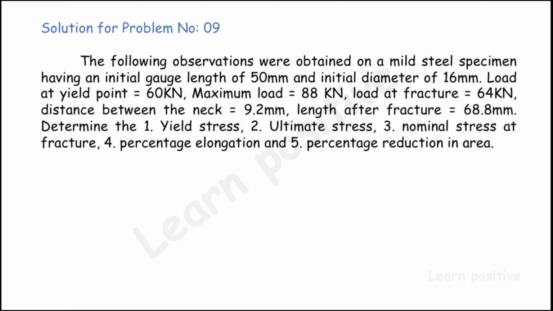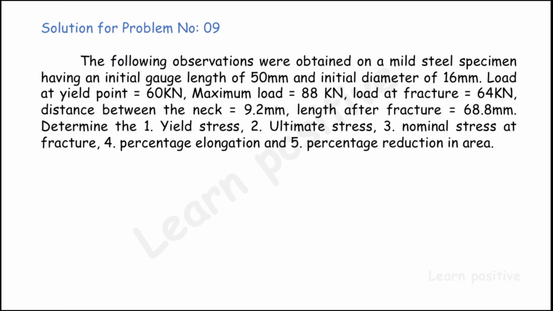They are getting the readings in that observation. At the yield point, that is the yield load, it is 60 kN, and the maximum load, the ultimate load, is 88 kN. The load at fracture, the load applied during the fracture, was 64 kN. There was a neck formed before cracking, and the neck diameter is 9.2 mm.